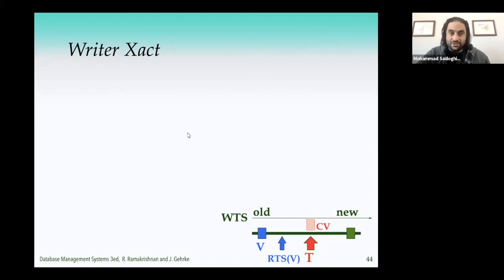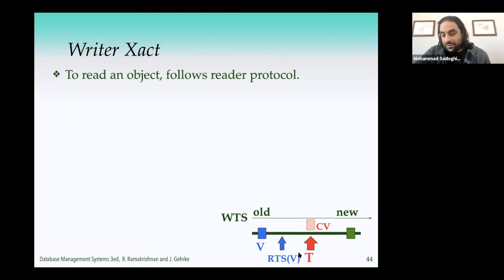So let's see how the write works. First, before I write something, I want to read the initial version. How does that work? We'll follow the same read protocol that we talked about in previous slides. So if I'm the write transaction, I find the largest version of the record that is visible to me.